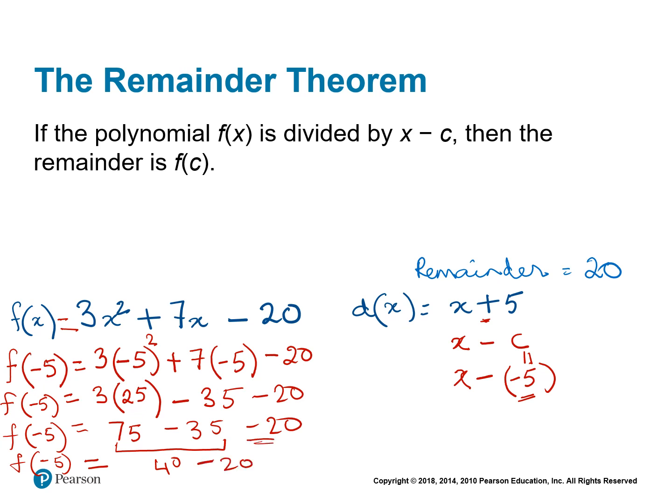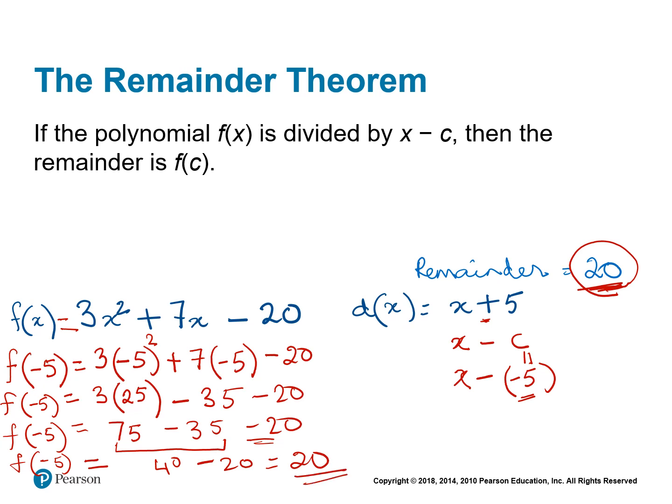All right. Again, f of negative 5 equals 40 after subtracting 35 from 75, minus this 20 is 20. And that's exactly what we got when we performed the synthetic division. We got a remainder of 20. All right. You would get the same remainder if we worked the division using the long division method. So that's what the remainder theorem is about.